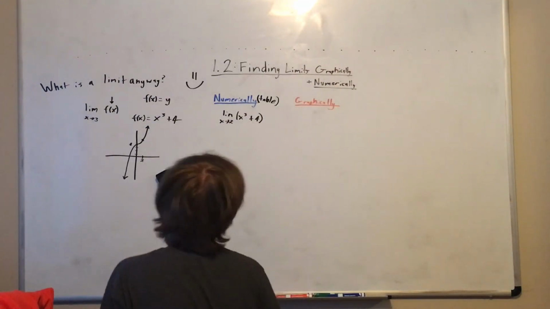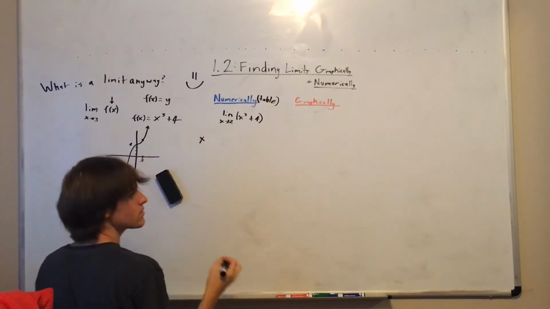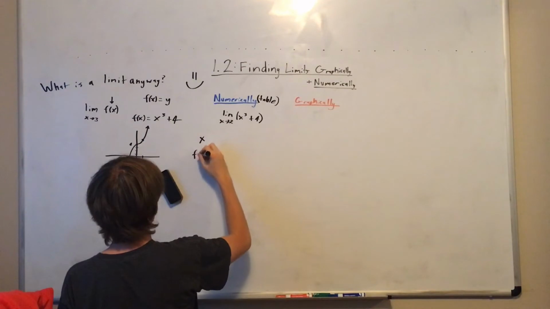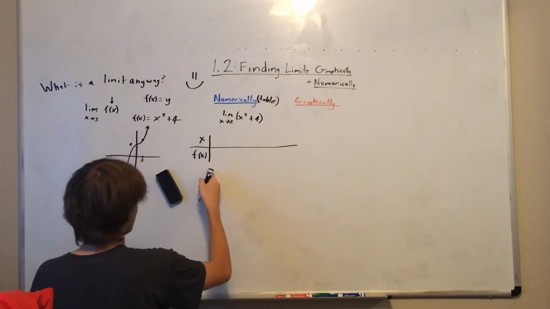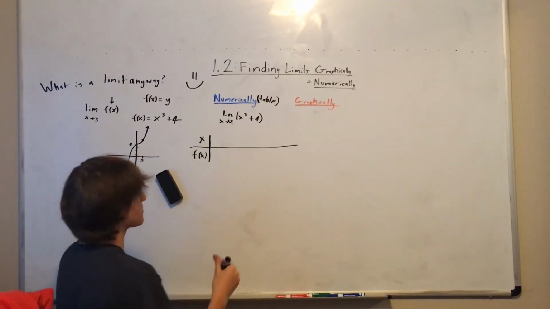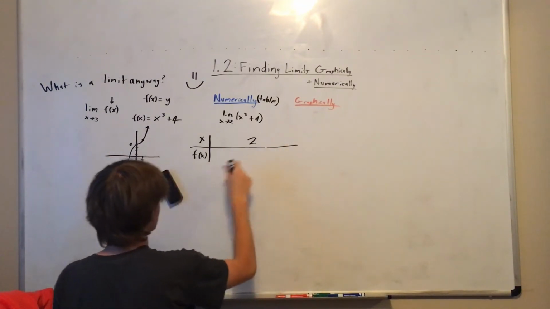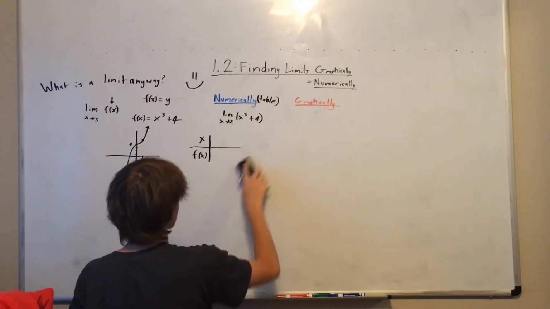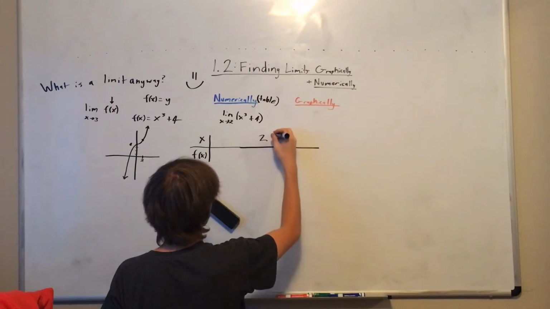And in this table, you're going to have a set of x values and then a set of outputs from your function. Basically, you're putting in the x and checking to see what the f of x is. You'll put the x value you're finding your limit at in the middle of the table. Sorry, I'm going to make it a little bit longer. Right about there.